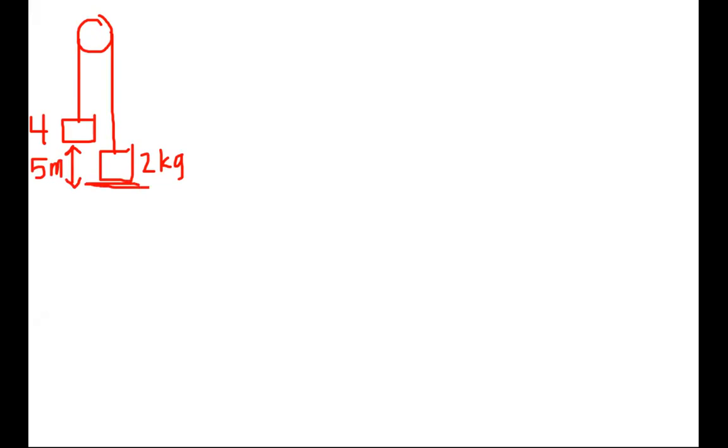Okay? We know that the radius is 0.160, and that the moment of inertia is 0.380. So this is our given information. And we're trying to figure out how fast that 4 kilogram box is going to be moving when it hits the ground.